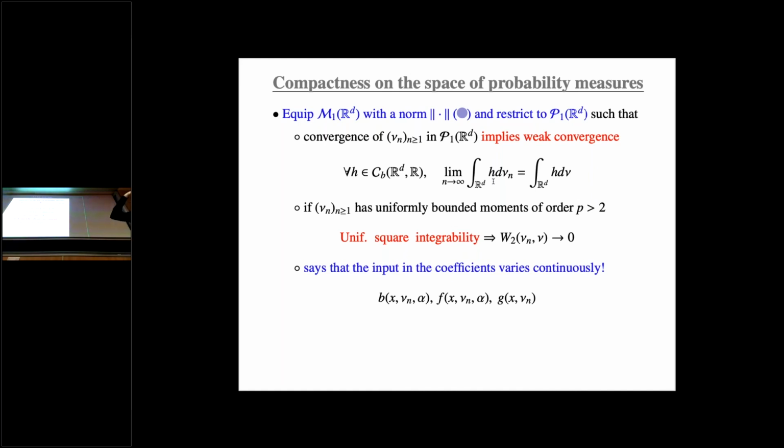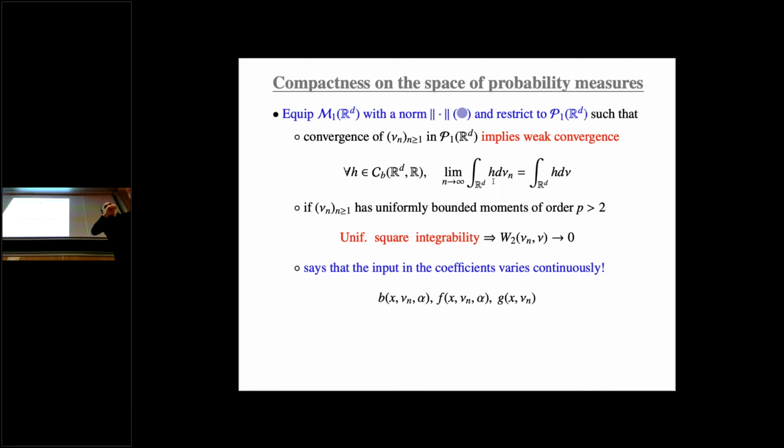Basically, we don't want the mass of the measures to go to infinity. We want to control uniformly the way the mass goes to infinity. Or conversely, if I have probability measures on a compact set, then they are automatically compact. So we have nice criteria. These are Prokhorov's theorem for compactness on the space of probability measures.